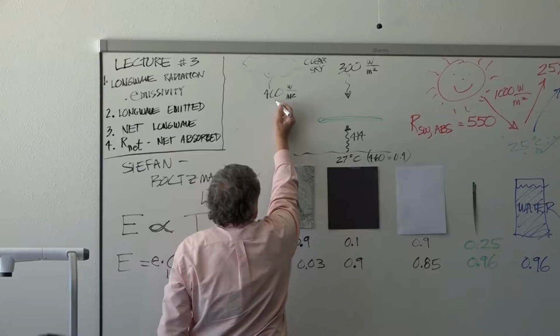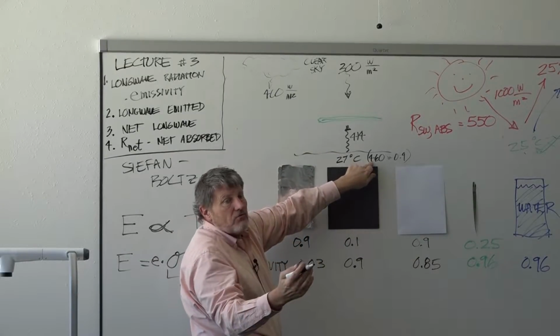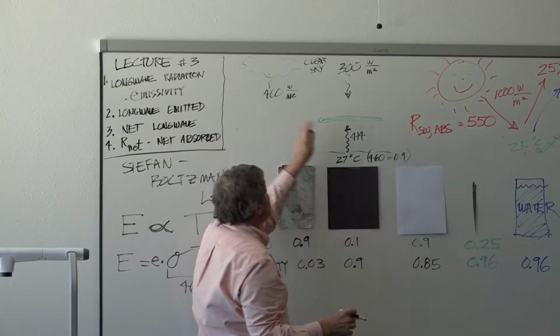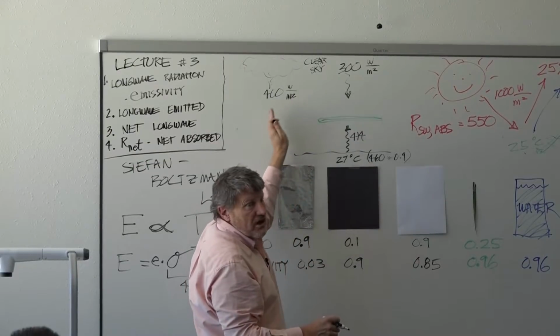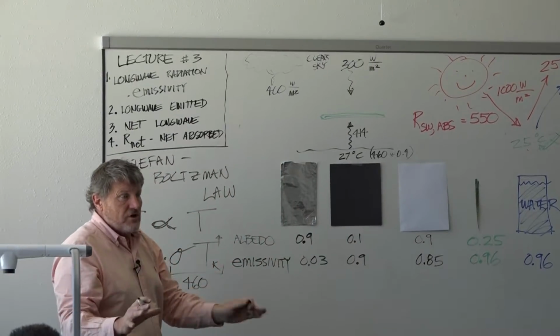And if it's a real heavy cloud, this can get all the way up to over 400 for cloudy. So there's a big difference between cloudy skies and sunny skies for long wave radiation.